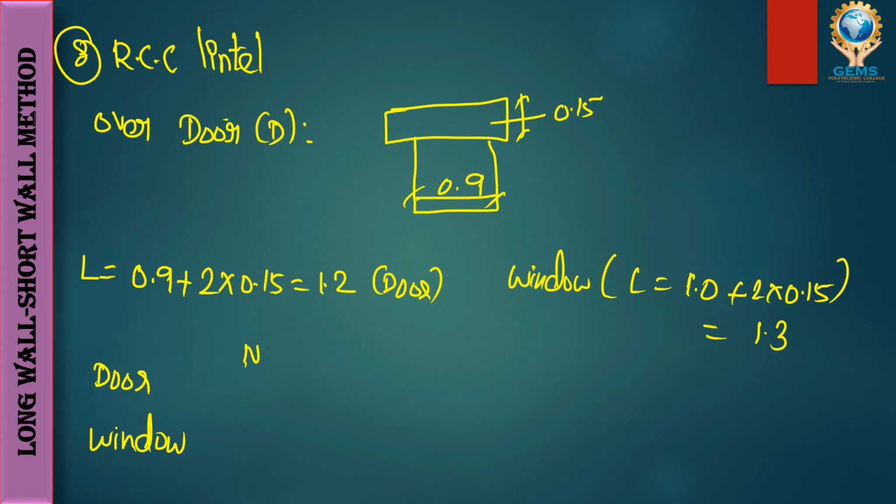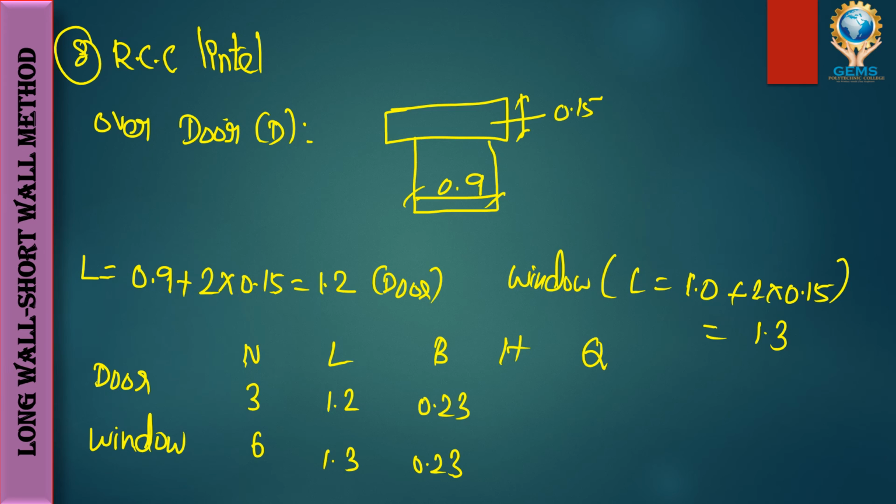So N, L, B, height, quantity. N equals how many doors there are: 3. Windows: 6. Then the lengths we found are 1.2 and 1.3. Then the breadth. We are calculating for the lintel, so we take 0.23 as the breadth.